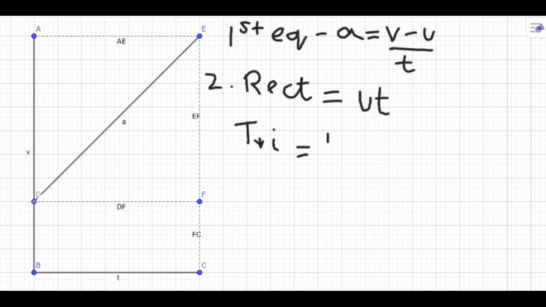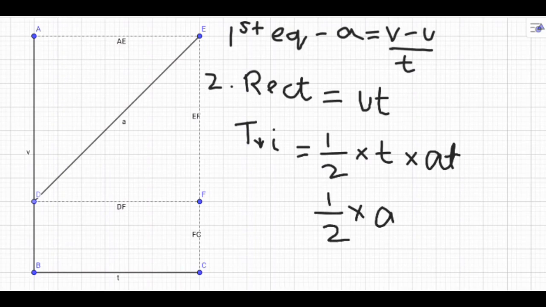So we can write the area of the triangle as half into BC, which is T, multiplied by EF, which is AT, as we found out. Now we can simplify this further to make it half into AT square.